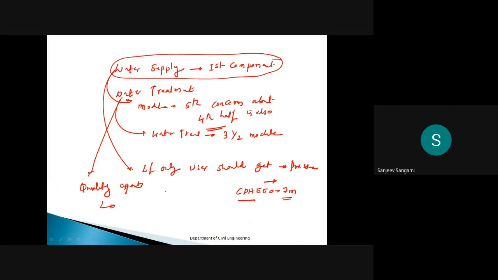These people provide codes related to the design aspects of treatment as well as supply. So when I talk about quality aspects, the first part is the water treatment process, and it has to satisfy the IS code, that is IS 10500 2012.